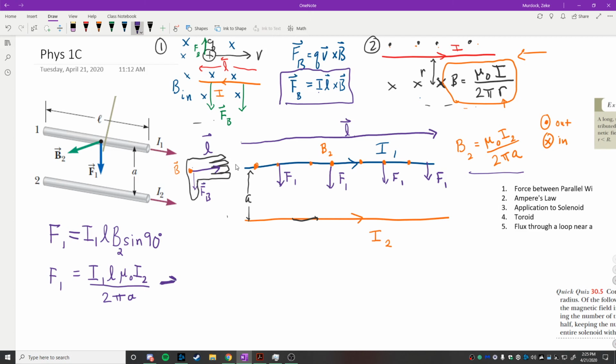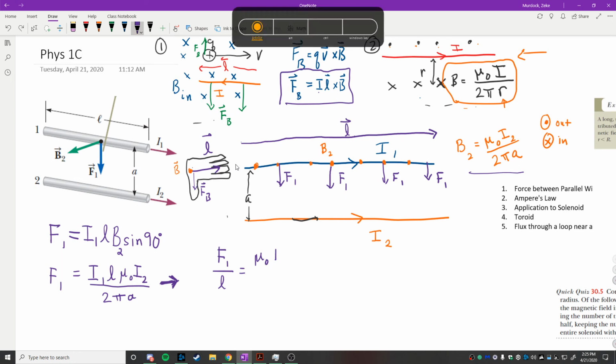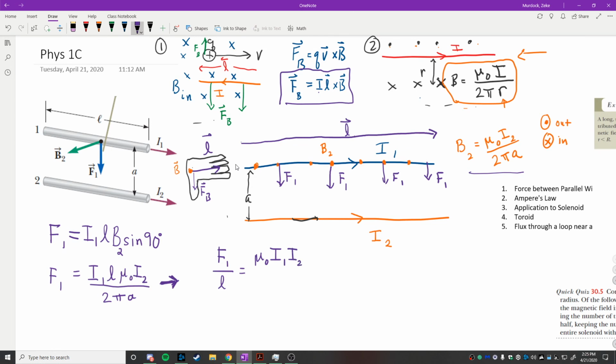Now if we rewrite it, I can write the force per unit length as mu naught multiplied by I1, multiplied by I2, and then divided by 2 pi a. And that is the force between two parallel wires per unit length.